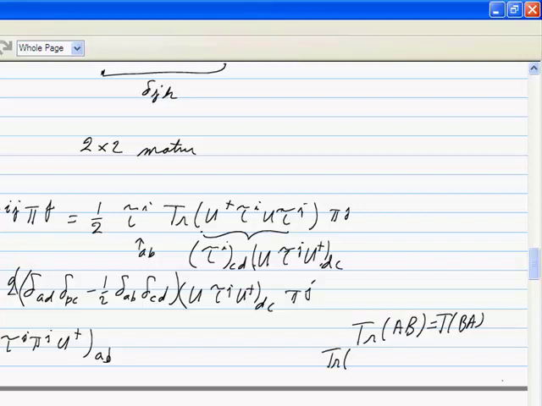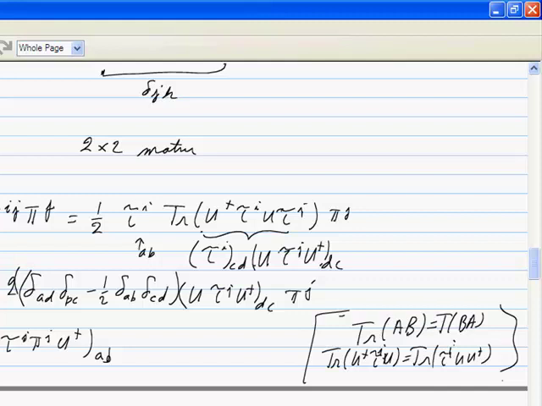So if I take the trace of U dagger tau I U, that's the trace of tau I U dagger U, and U dagger U is 1, right? Sorry for not saying that earlier. That's something I've been using repeatedly. So basically when you take the trace, these guys cancel and you're just taking the trace of what sits in the center.